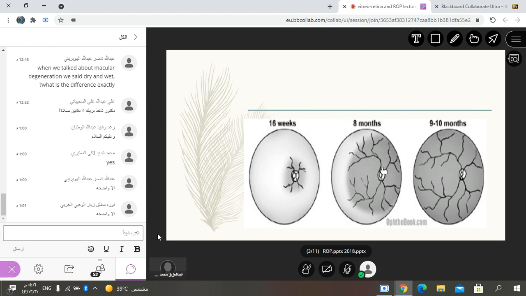At 8 months, these vessels almost reach the nasal part, but there is still a crescent shape in the temporal area that is not perfused by blood vessels. From 9 to 10 months, the vessels reach and cover the whole retina, temporally and nasally. This is the normal, natural development of the retinal blood vessels.